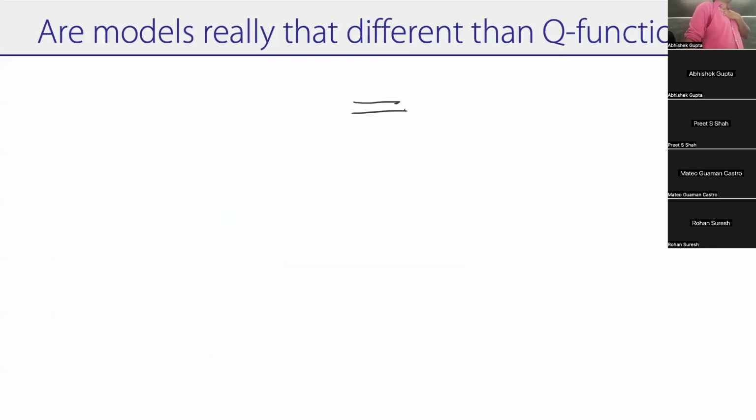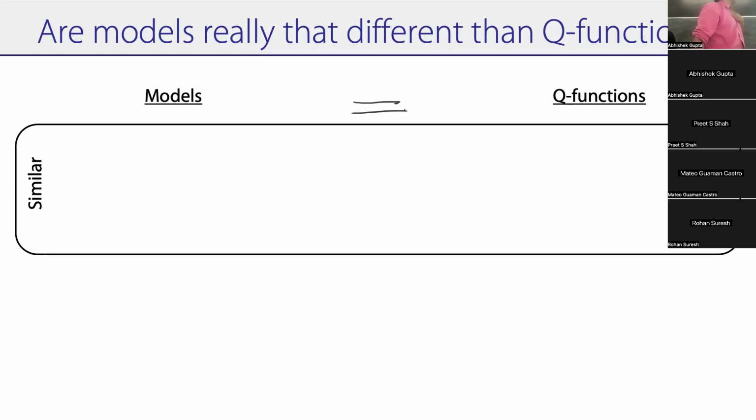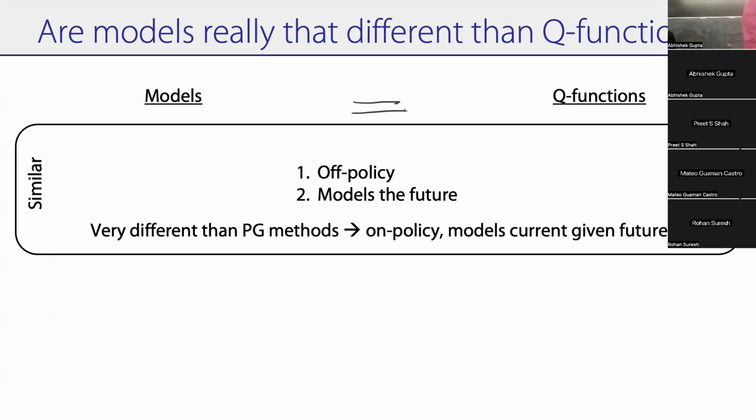A natural question to ask is, are these super different from Q functions? Q functions also model the future, but they model the future in terms of sums of rewards, and models model the future in terms of individual states. Models and Q functions are similar in that they're both off-policy, they both model the future, and they're both quite different from policy gradient methods. Policy gradient methods are just trying to find the best action to take now, given that you're optimal.